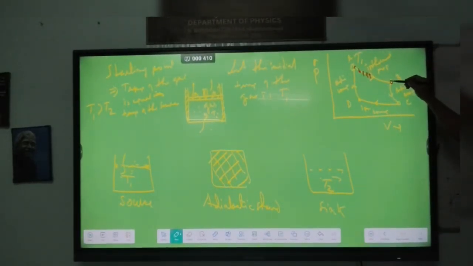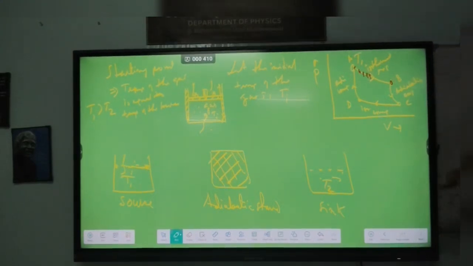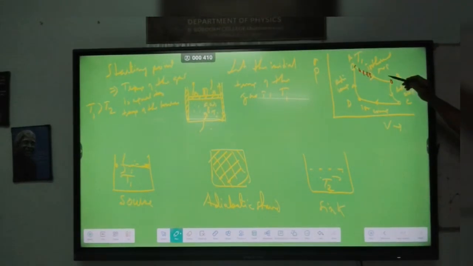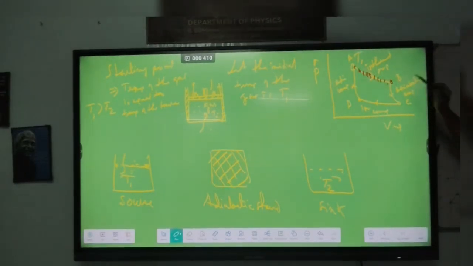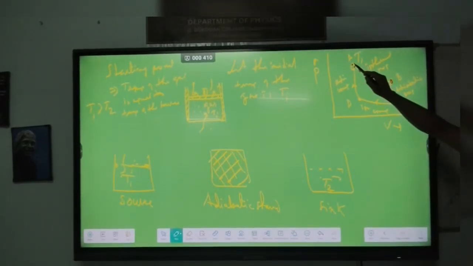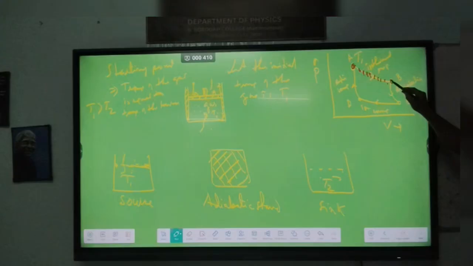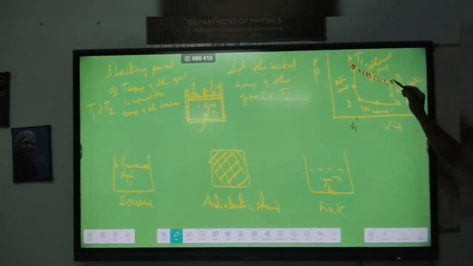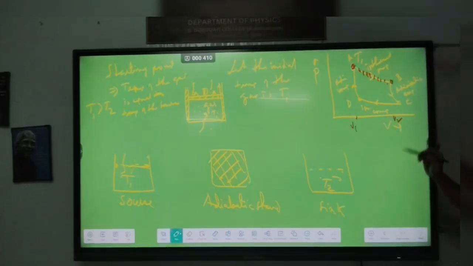I will go to this position, state B. So through small expansions, ultimately I am going from state A to state B. There is an expansion: this is volume V1, and this is volume V2.